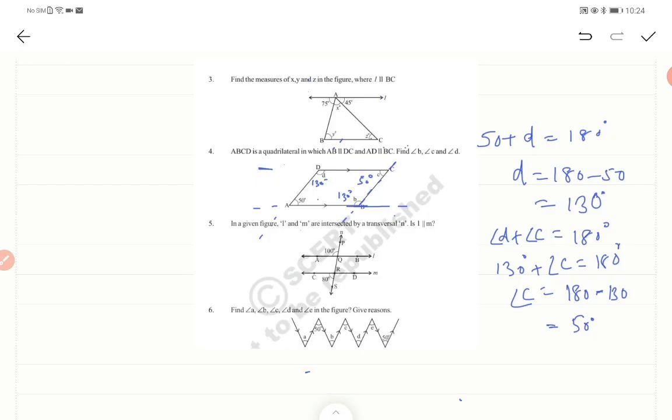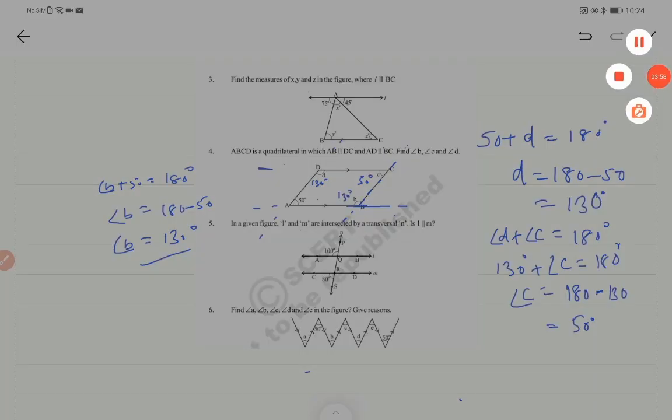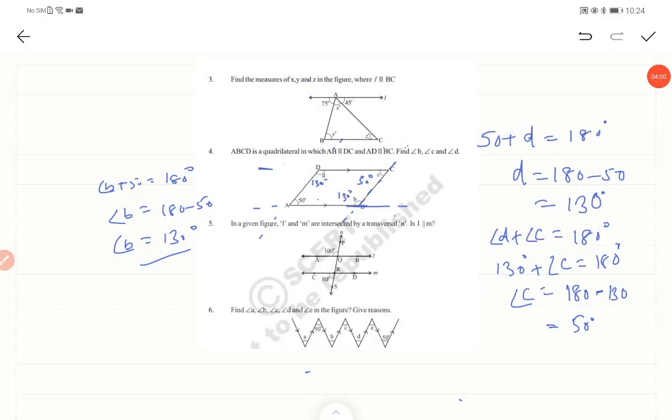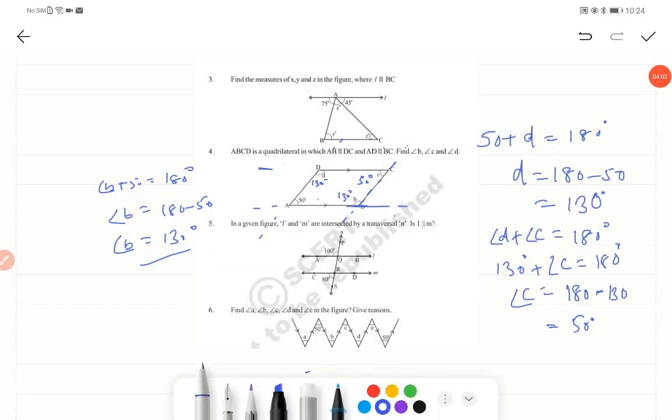So angle B plus 50 degrees will be equal to 180 degrees. So angle B will be 180 minus 50, which is 130 degrees. I hope you are able to understand these example problems.